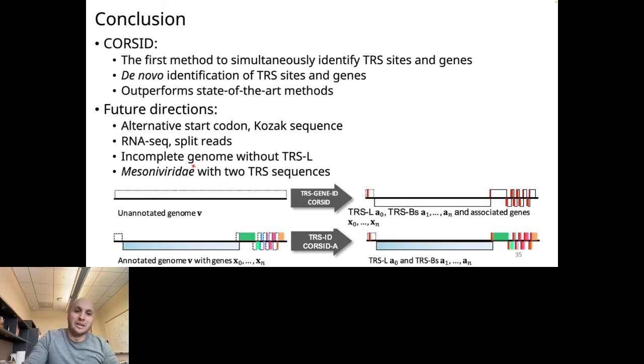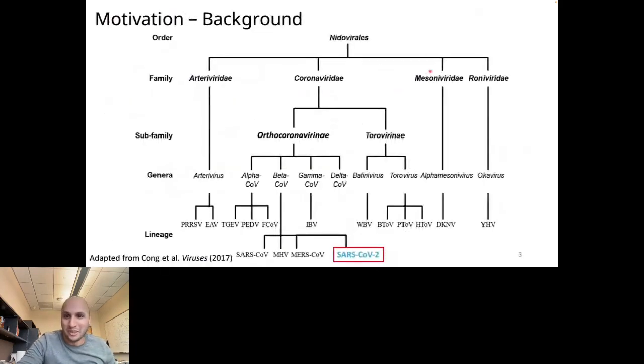So if you look at Mesoniviridae, actually let me just jump here. This is another family within Nidovirales. Mesoniviridae occur mainly in mosquitoes, but there's something interesting happening there.